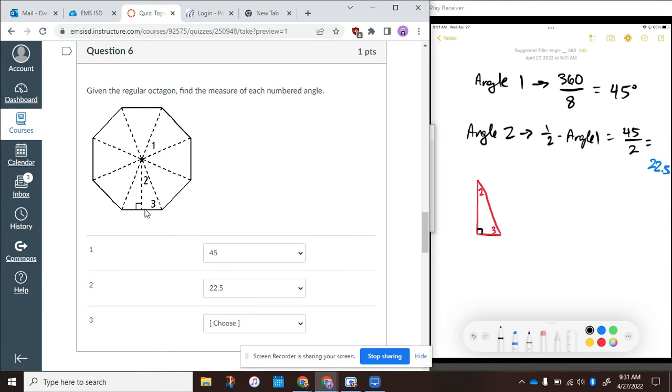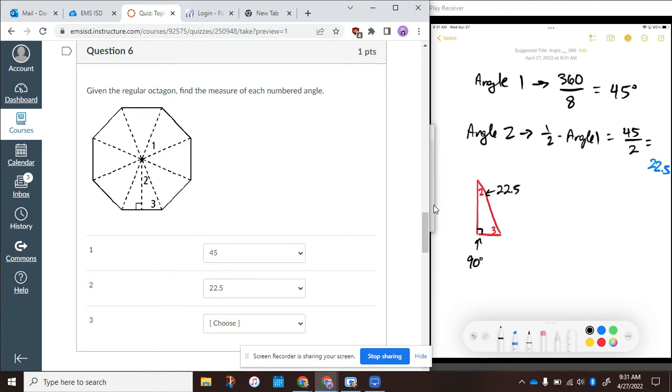That's a right angle, and we know that because this other side of it has a little box in it. So that angle is 90 degrees. We already decided that angle two is 22.5 degrees.